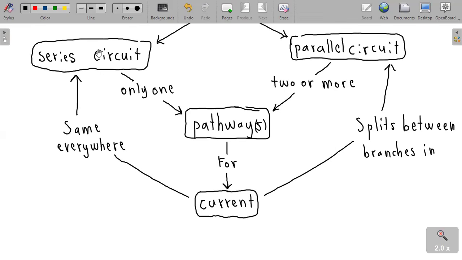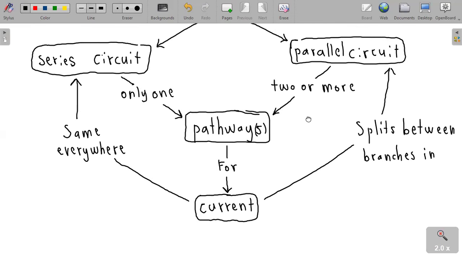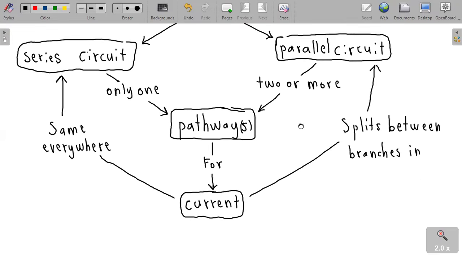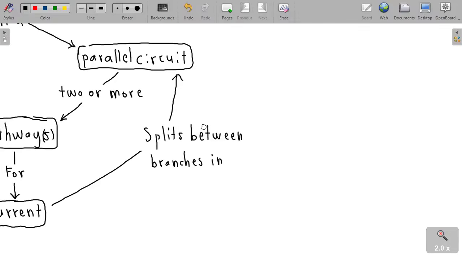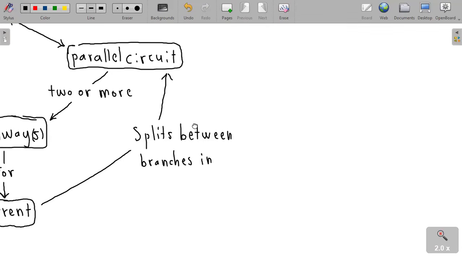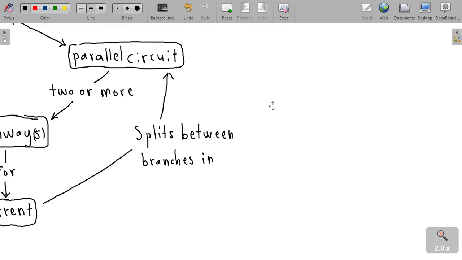There is a decrease in current when you add resistors, and then there is an increase in current when you add resistors in a parallel circuit. So let us begin this side. Something happens when you add resistors, isn't it?